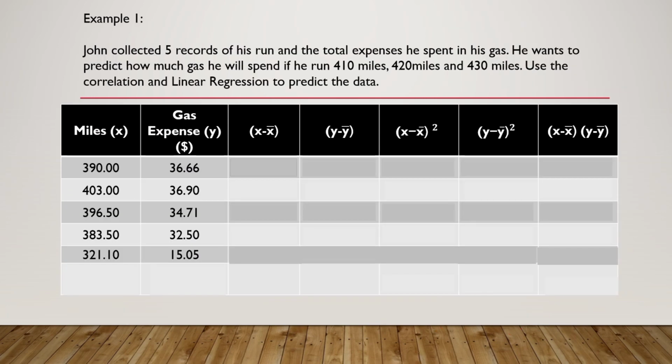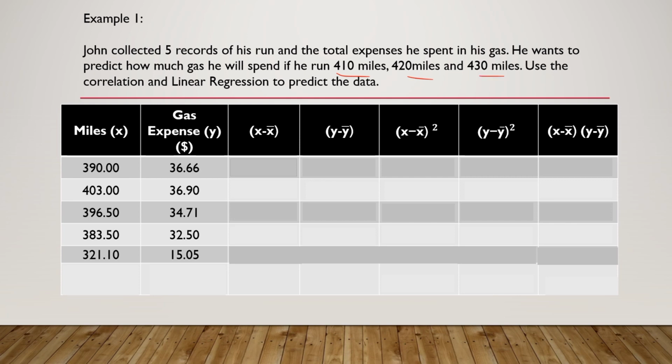Let's have an example to apply that linear regression equation. Example number 1: John collected 5 records of his run and the total expenses he spent on gas. Now he wants to predict how much gas he will spend if he ran 410 miles, 420 miles, and 430 miles.